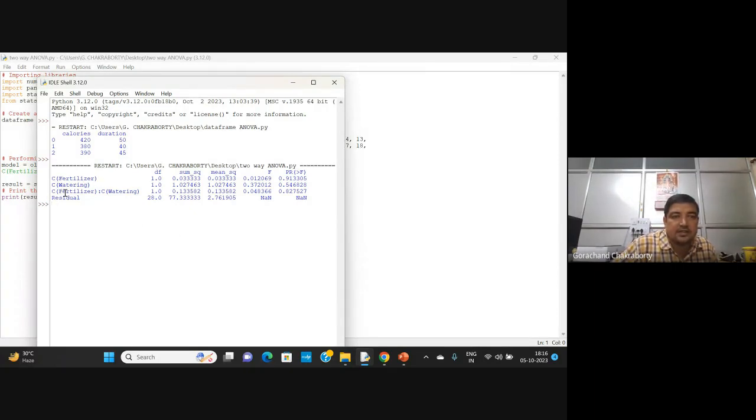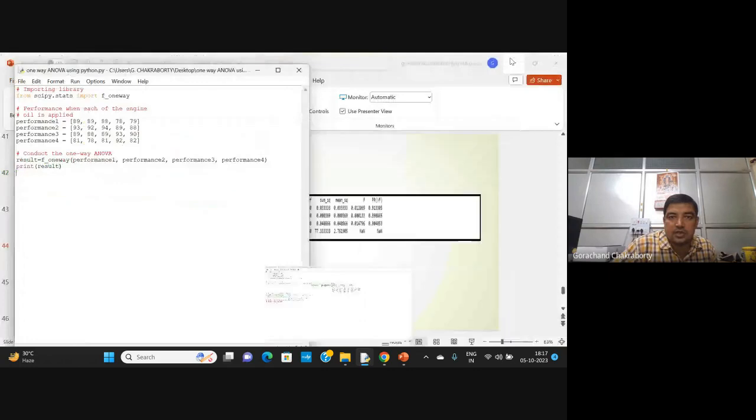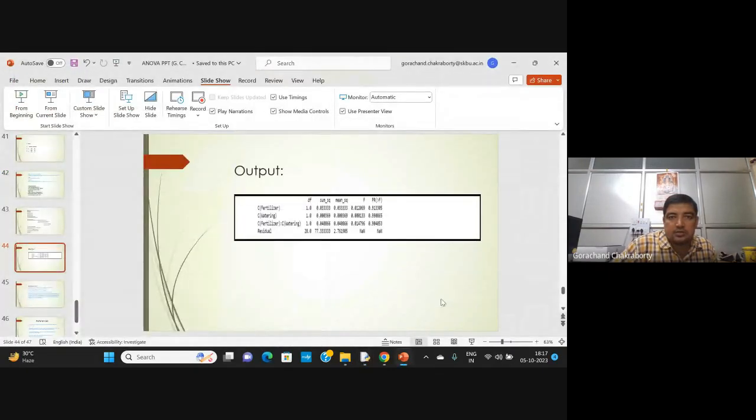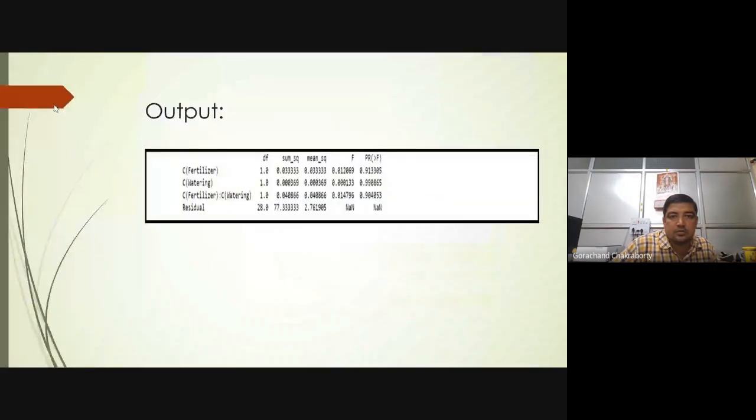This is fertilizers, this is watering, and this is the F value, mean square value, sum square value, and this is the DF. So by this result, we can analyze the two-way ANOVA. So this is the result actually.